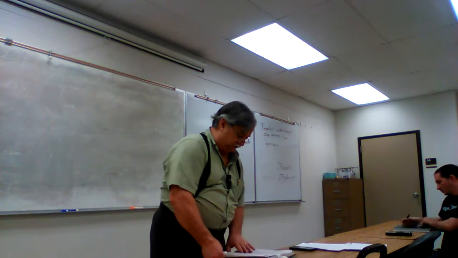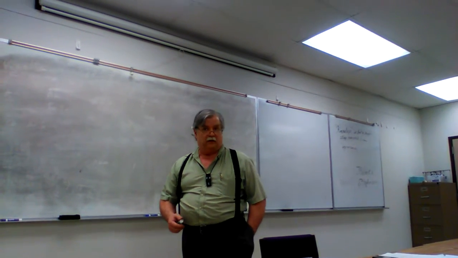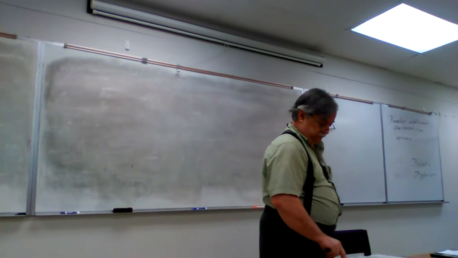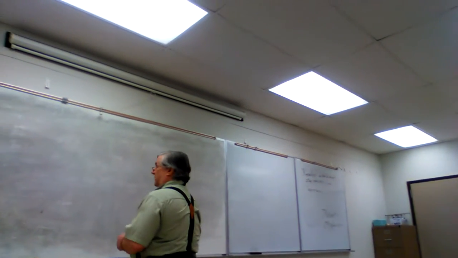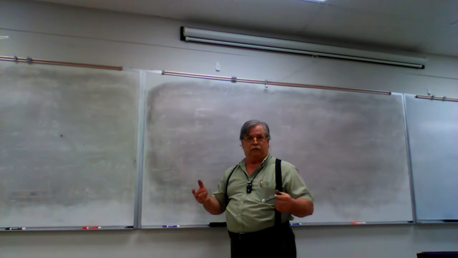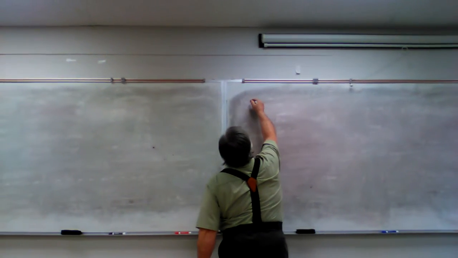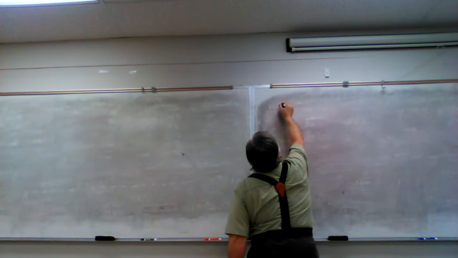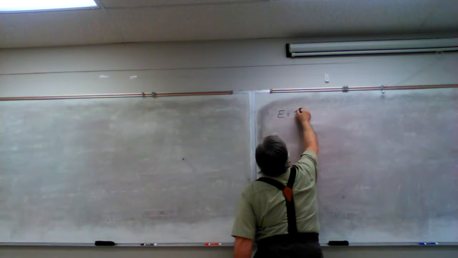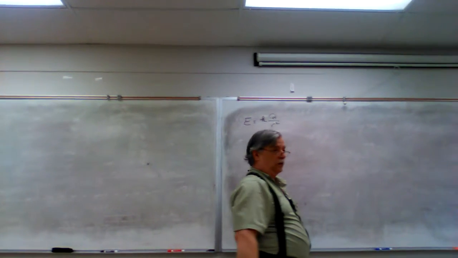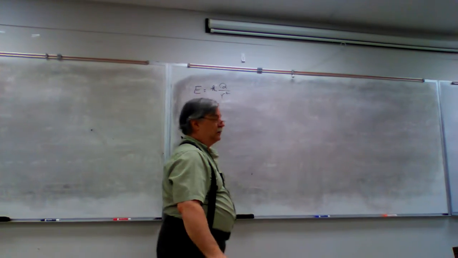let's go back to section 17.5 where we left off. We were talking about the potential or the voltage produced by a point charge. And we saw that when you work it out, you derive it from the E field from a point charge of Q coulombs.